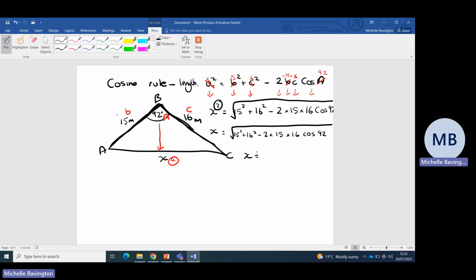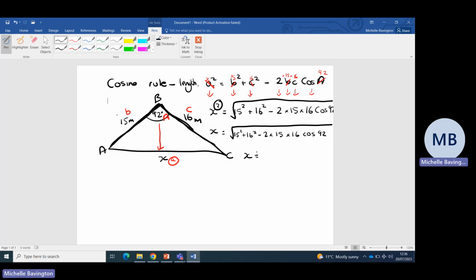So I do my brackets first: 15 squared plus 16 squared minus 2 times 15 times 16, hit the cos button, 92, and then just press equals. And that didn't work. I did something wrong there.